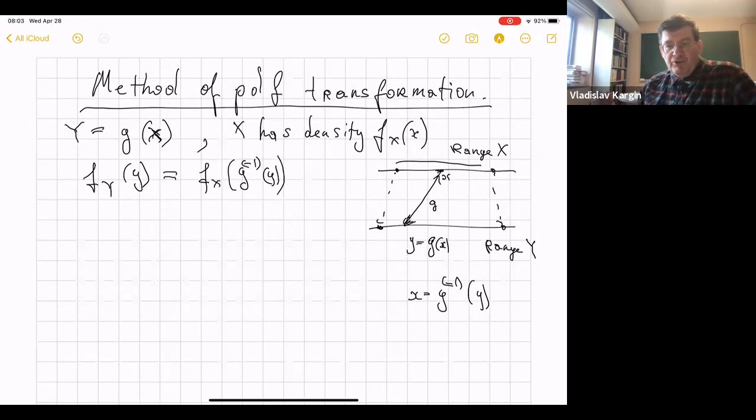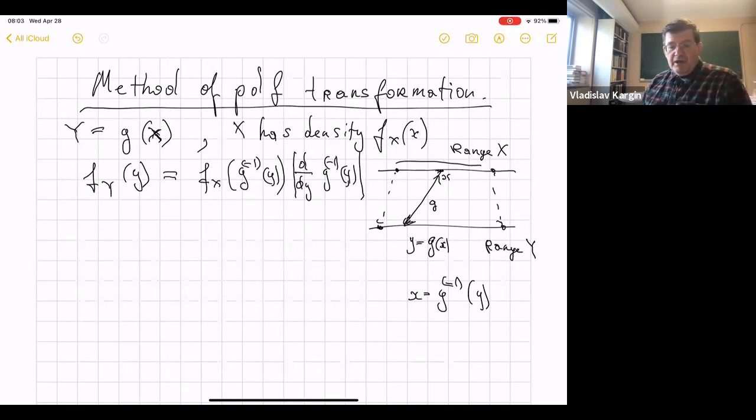But we also need to correct it because this range stretches. And we saw, I think, at the end of the last lecture, that the right correction is just the derivative of this inverse function. So it's d over dy of g minus 1 of y. And it turns out that we'll need to take the absolute value of this function.